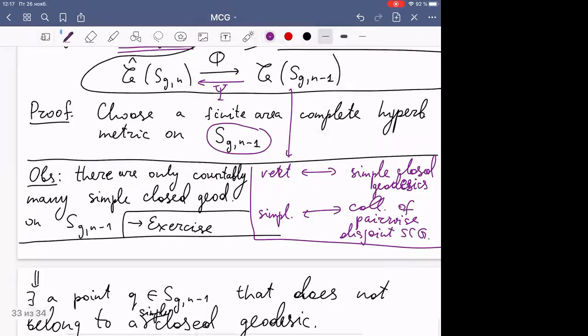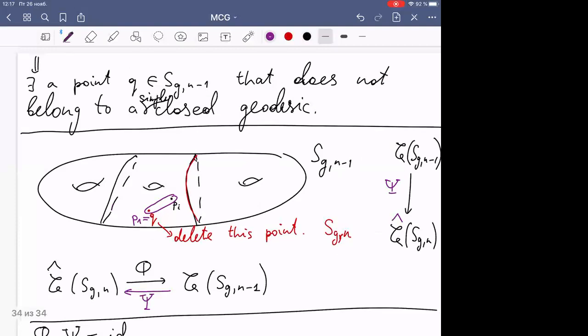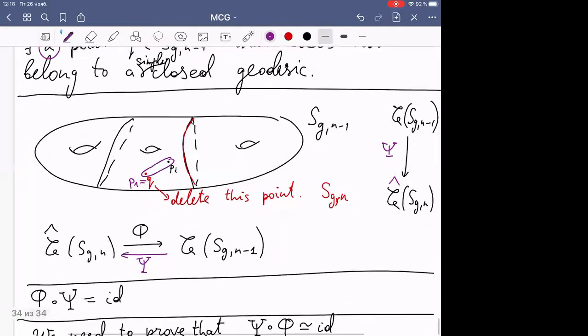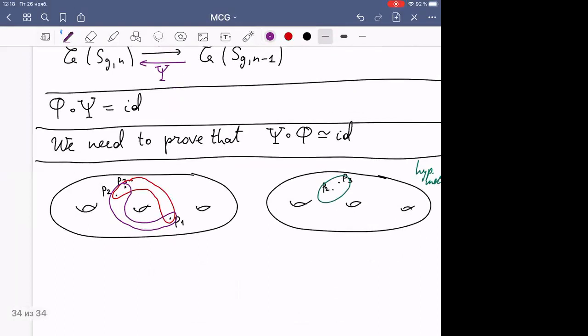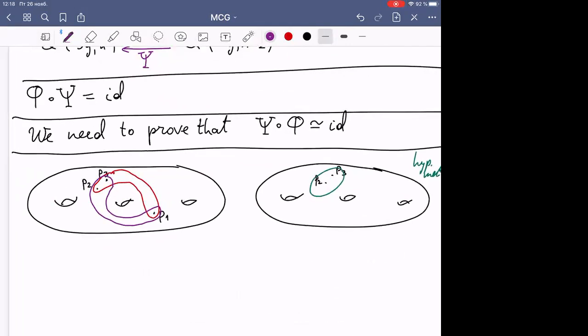We just make an arbitrary choice. We have taken any point Q, and we have some freedom in the choice of this point.